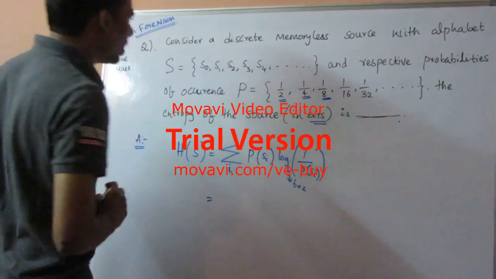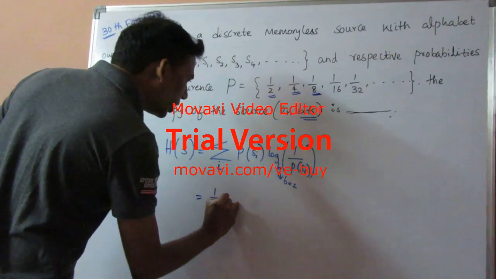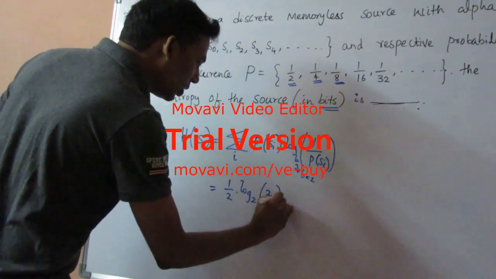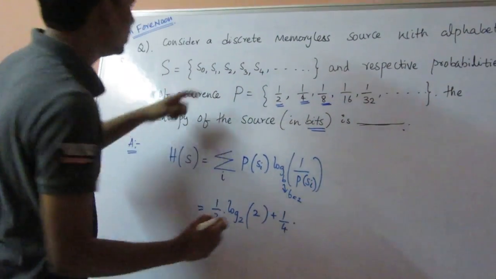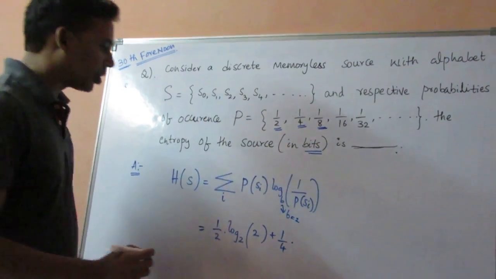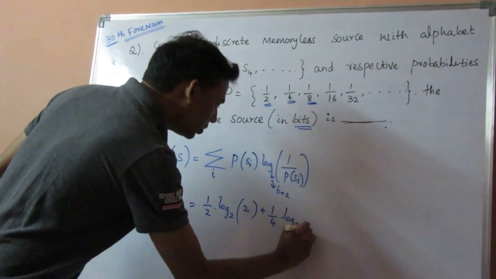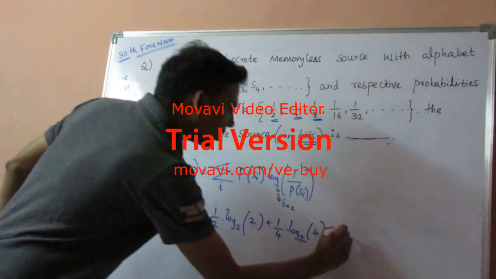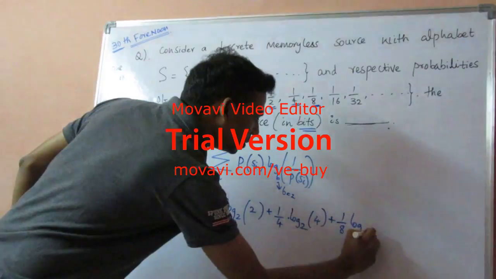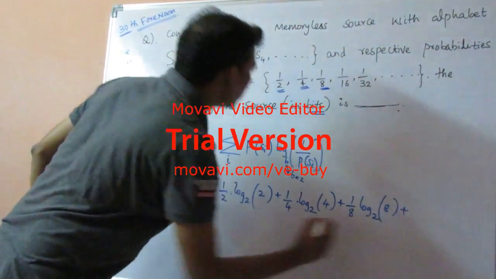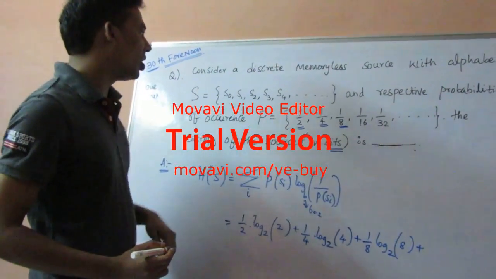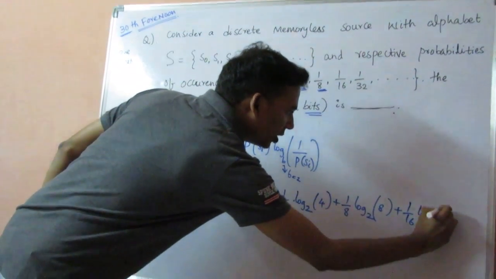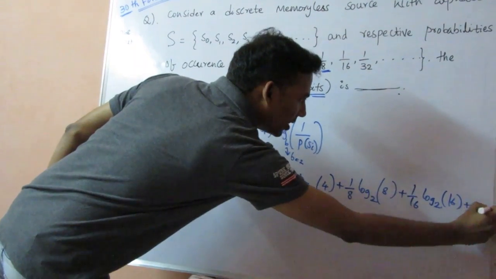So the entropy equals 1/2 into log base 2 of 2, plus 1/4, the second symbol's probability, log base 2 of 4, plus 1/8 log base 2 of 8, plus the probability of S3 is 1/16, so 1/16 log base 2 of 16, and so on.